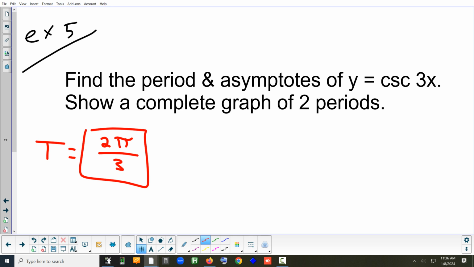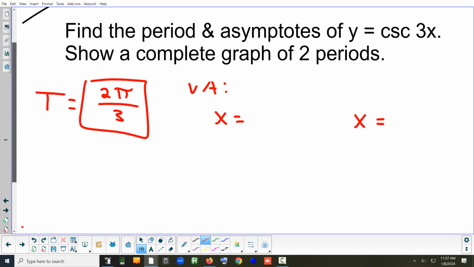Find the asymptotes. Now, we've got to be careful because we're transforming them. What are your first 2 asymptotes for cosecant? In my head, I'm thinking cosecant is 1 over sine.